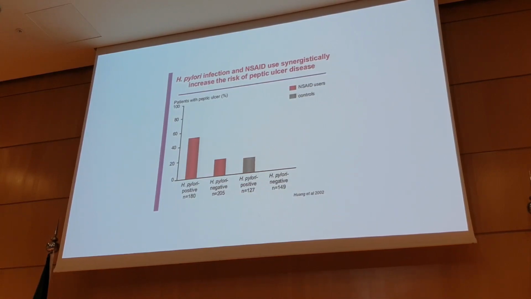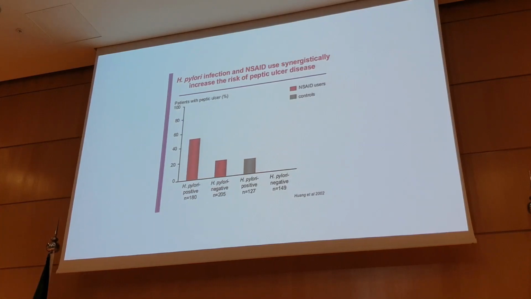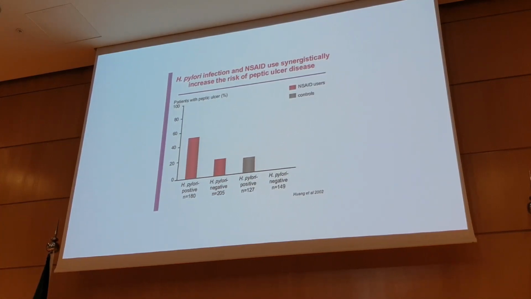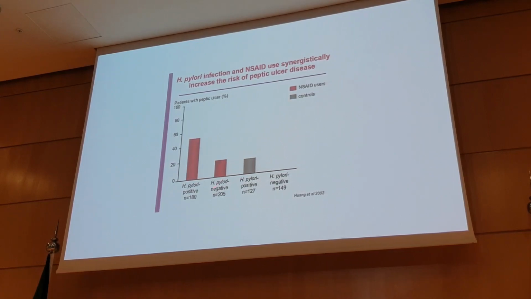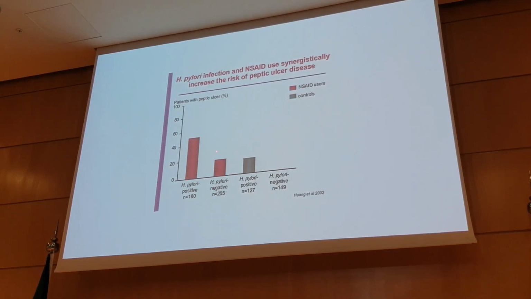But they're H. pylori positive. And we talked about that. 20% are going to get an ulcer, right? That's what that came from. 20%. Now, if they're using NSAID, but they don't have H. pylori, again, 20% of them. That's quite a lot of patients they study. They get off.